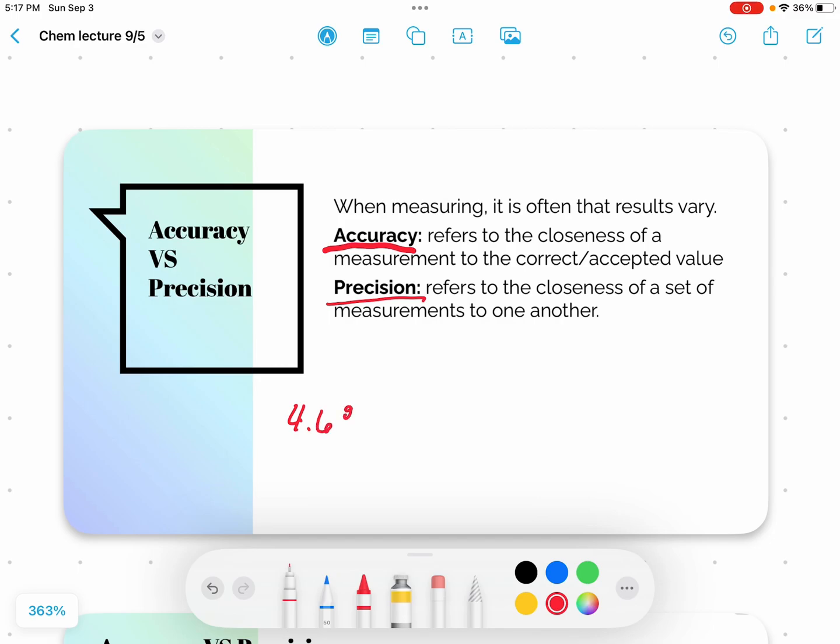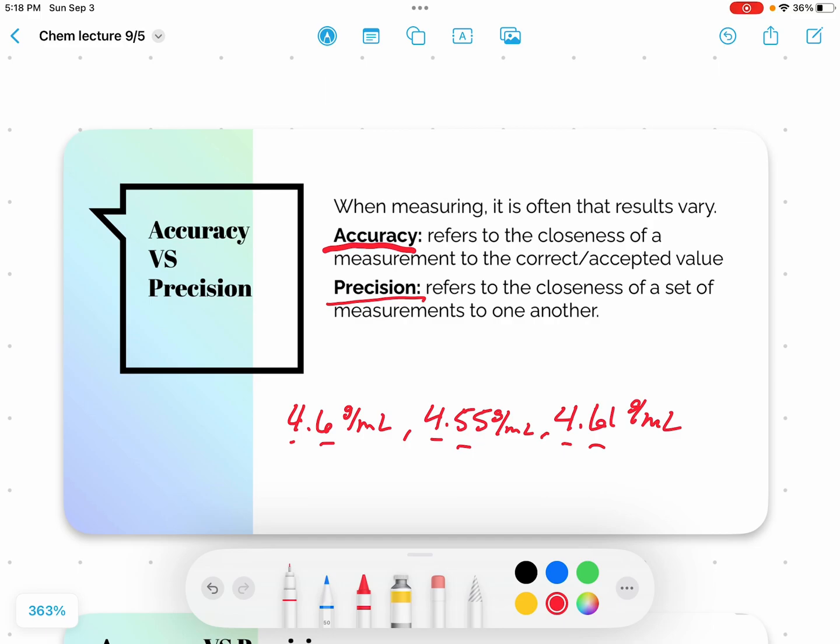I had 4.6 grams per milliliter, 4.55 grams per milliliter, 4.61 grams per milliliter. I would say those are pretty precise numbers. They're all 4s, and they're all pretty close to each other. So that would be precise.